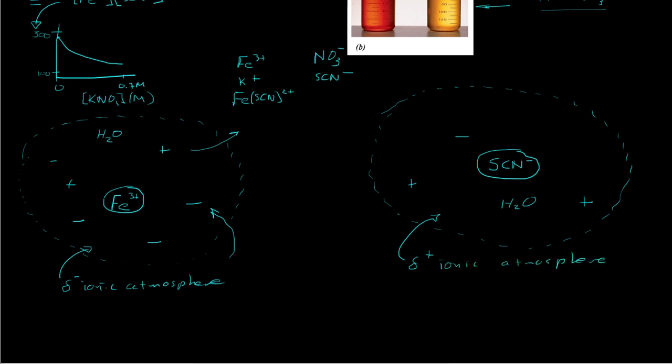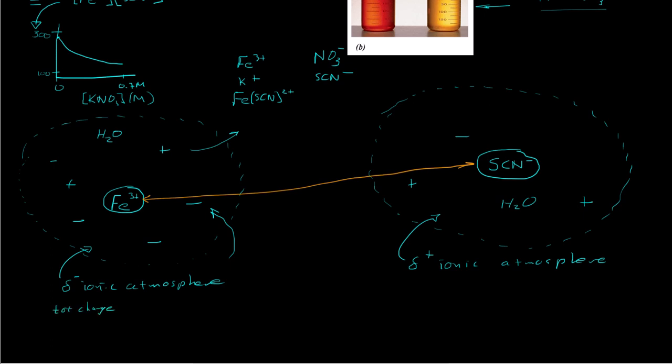Now, because the positively charged iron 3+ is attracted to the negatively charged thiocyanate, there will be a force of attraction between them. And when they get close, they would actually form this coordinate covalent bond leading to the coordination complex. So there's a force of attraction between these guys. But if we consider their ionic atmospheres, then we would see that over time, on average, what is the total charge inside this sphere?